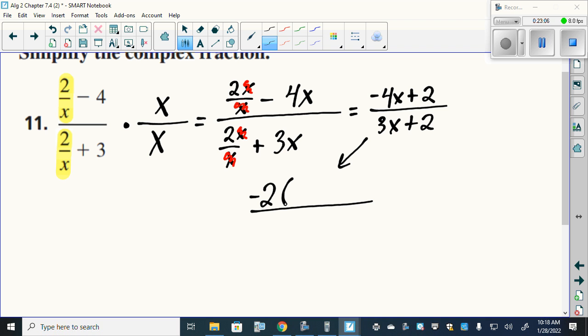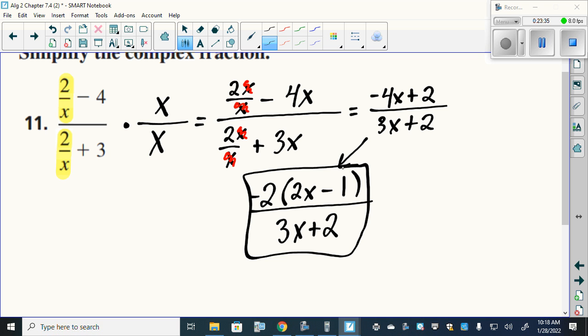And if I factor that out, I'm left with 2x minus 1 over 3x plus 2, because there's not a greatest common factor between 3x and 2, so we can't do anything with the denominator. So this here would be one of the correct answers.